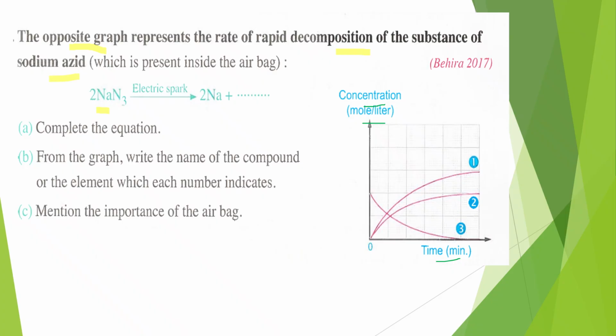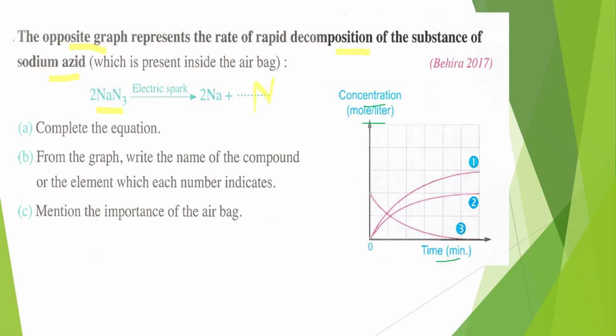This is the chemical formula of sodium azide, and due to the electric spark that takes place while the car is exposed to a sudden crash or sudden drop in the speed, this compound will be thermally decomposed into sodium and nitrogen gas.